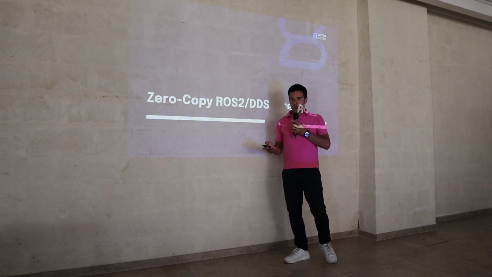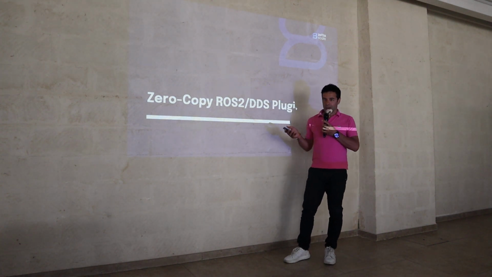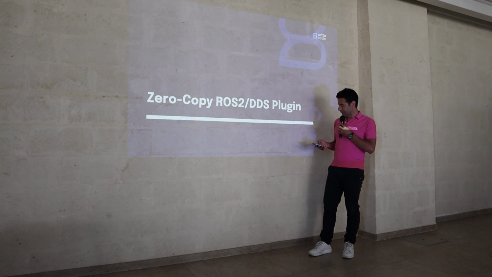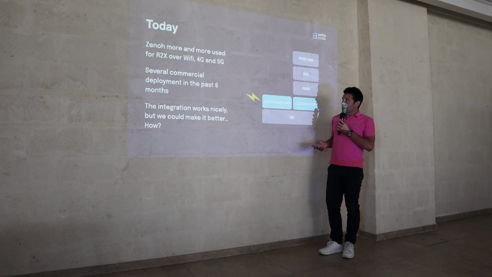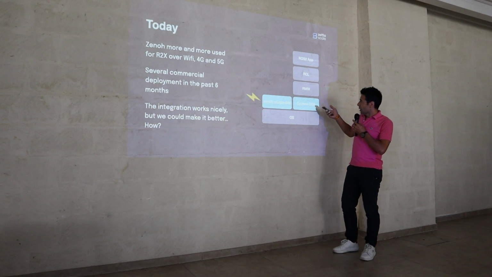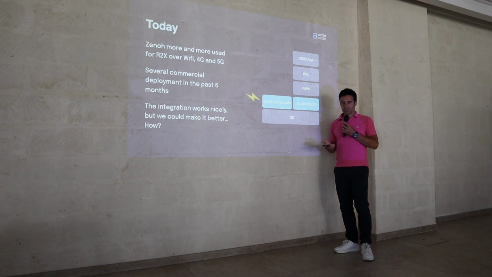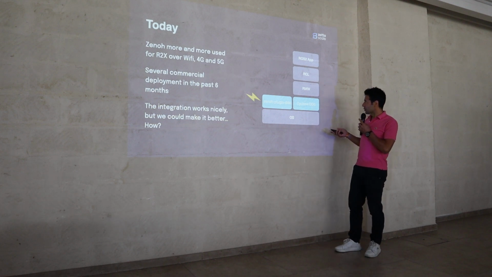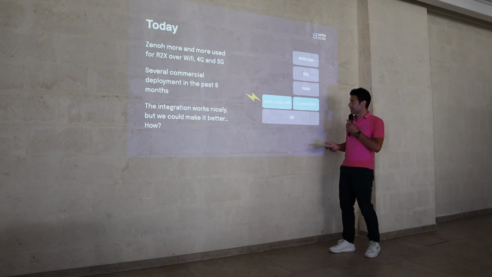Okay, let's move now to zero copy. And let's see why this is so important for the ROS2 and DDS plugin. So as of today, we have lots of users using Cyclone as an RMW to ROS2, and in fact that's probably the most widely used DDS implementation for deployed systems.